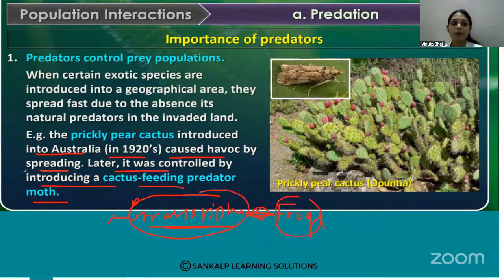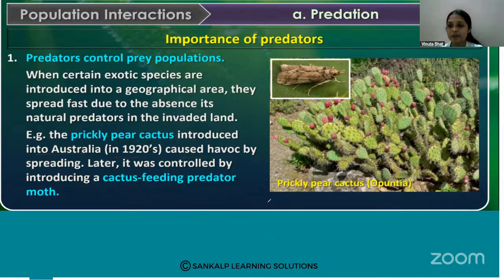So here they have given an example. Exotic species means species from somewhere else, brought from elsewhere and planted, organisms that do not naturally grow in that geographical area. So that is called exotic species. For example, just imagine this is one geographical area and this is another geographical area.